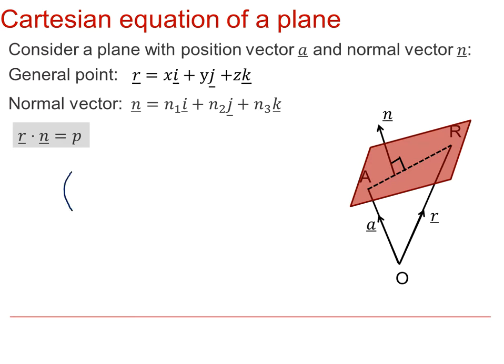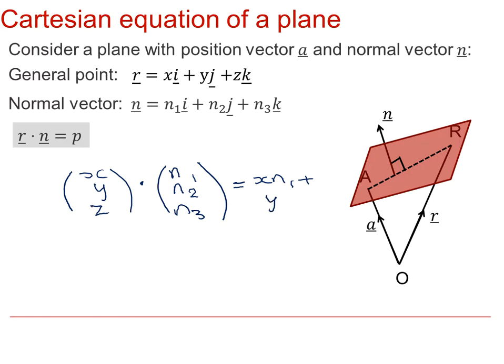So we would write that x, y, z, in other words r, scalar product with n1, n2, n3, which will give us xn1 plus yn2 plus zn3 equals this constant p for particular values of x, y and z.